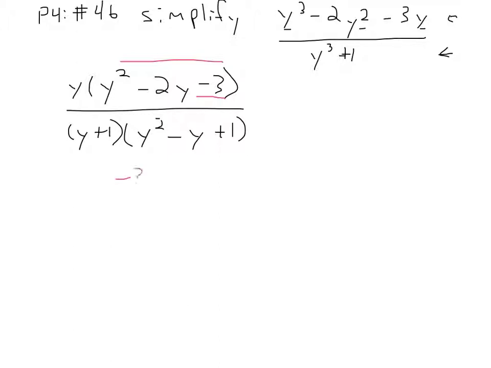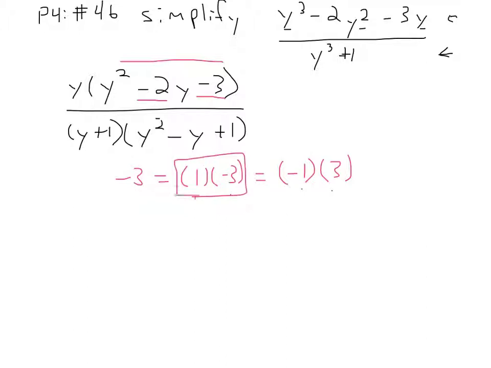So minus 3 we can break up as 1 times minus 3 or minus 1 times 3. And the question is, is the sum of either one of these equal to negative 2? Well, 1 plus a negative 3 is 1 minus 3, which is negative 2, right?